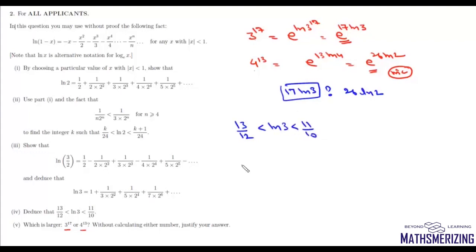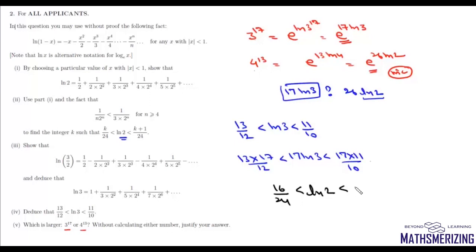Now we multiply it with 17, we'll get this as 13 into 17 by 12 is less than 17 log 3 and will be less than 17 into 11 by 10. And if we look at log 2, we know that value of log 2 lies between 16 by 24 and 17 by 24.